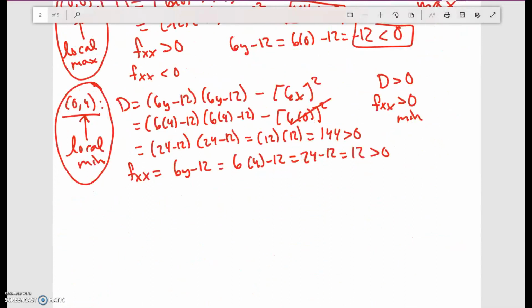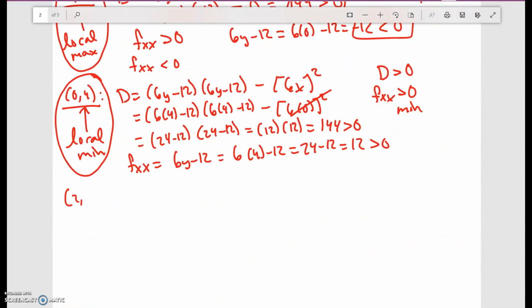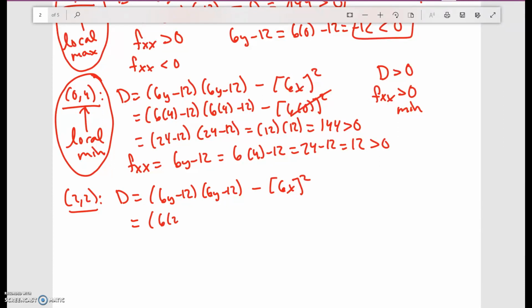Next, (2, 2). Let's plug this into D. I'm going to have 6y minus 12, times 6y minus 12, minus 6x whole quantity squared. So I'm going to have 6 times 2 minus 12, times 6 times 2 minus 12, minus 6 times 2 whole quantity squared.